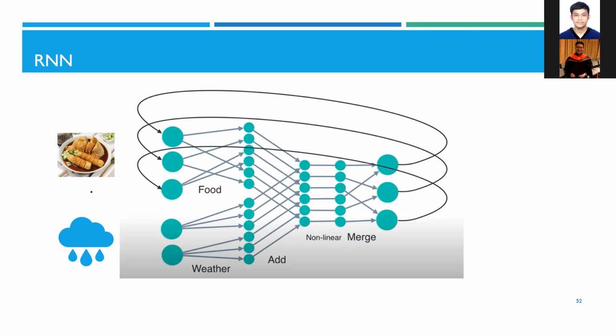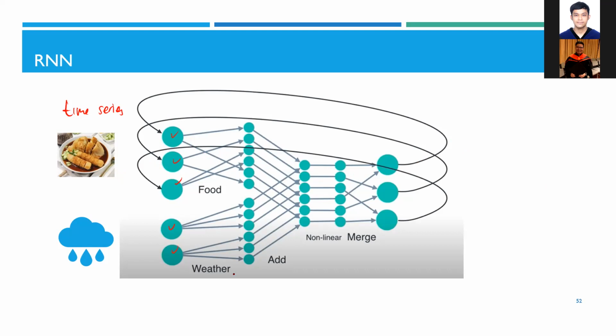So we have two different types of input. The first input is time series data. Of course the output here will become the input. Let's say these three inputs are the recurrent input. But I also combine it with the data of the weather. So the weather is another input.